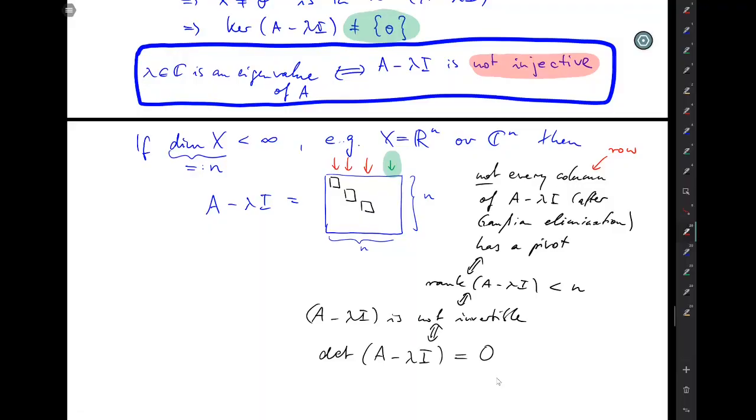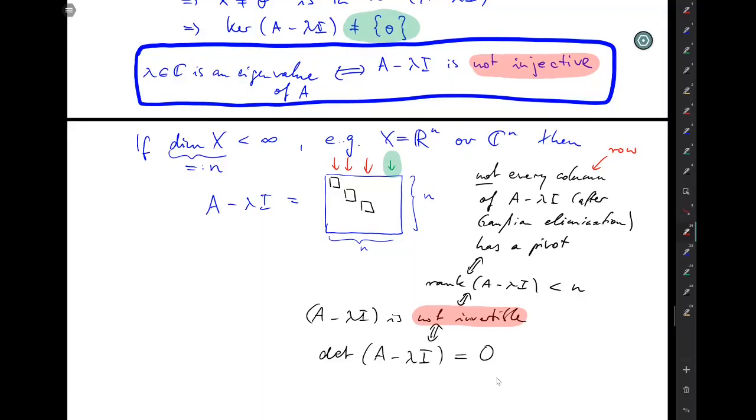And then after fiddling around with Gaussian elimination and counting pivots and so on, we saw that this is equivalent to the very same matrix A minus lambda I not being invertible. Not injective, not invertible, seems to be the same, at least for finite square matrices.